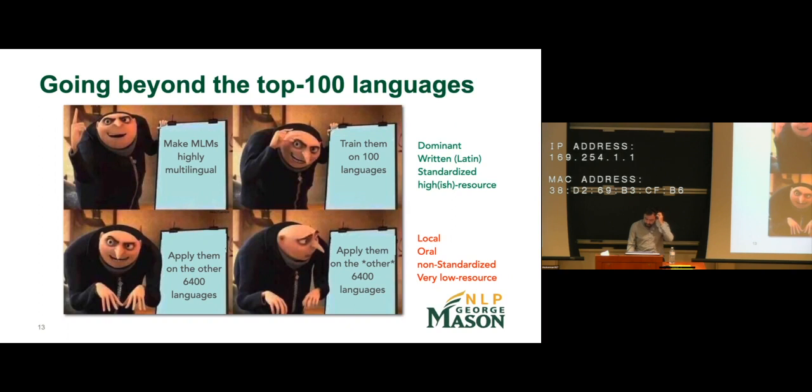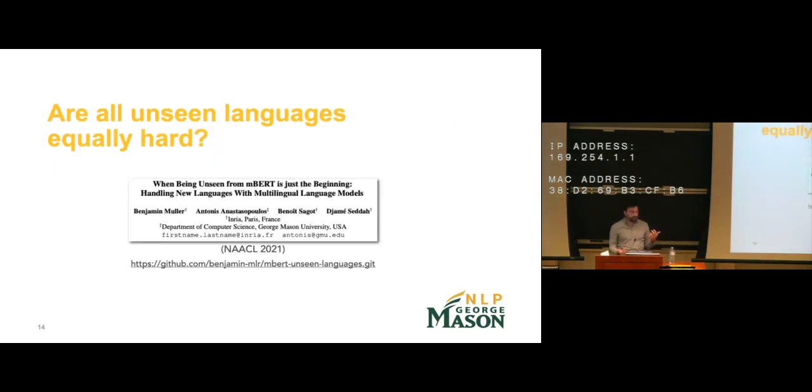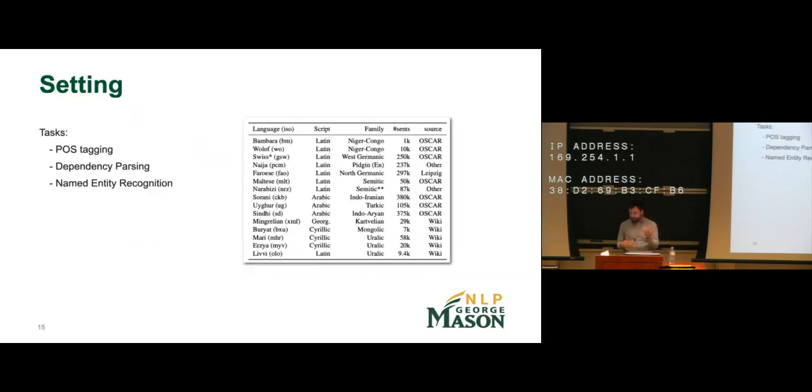So the first question to ask is, out of these 6,400-ish languages that you haven't seen, are these equally hard for us to model? We can try to answer this, and I'll give you the setting we used.